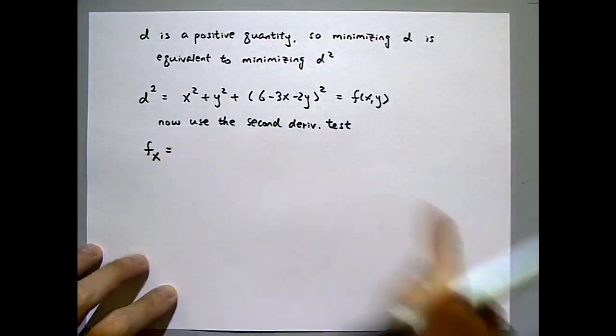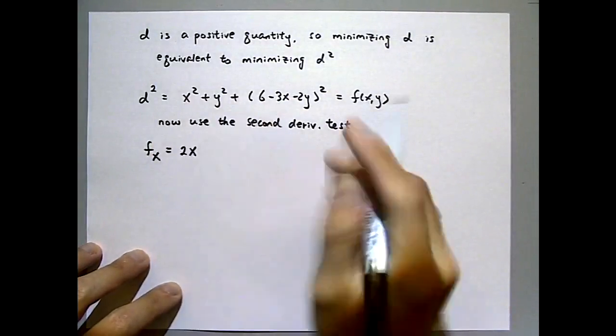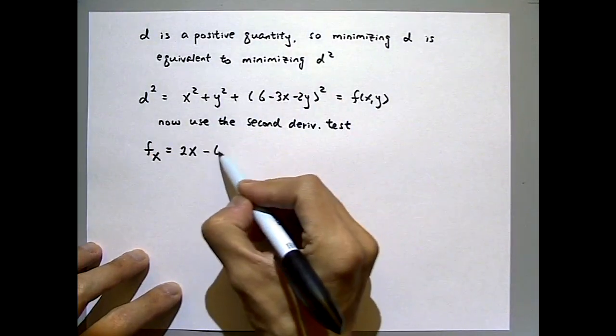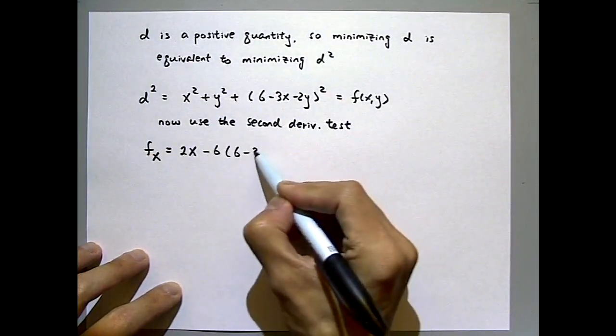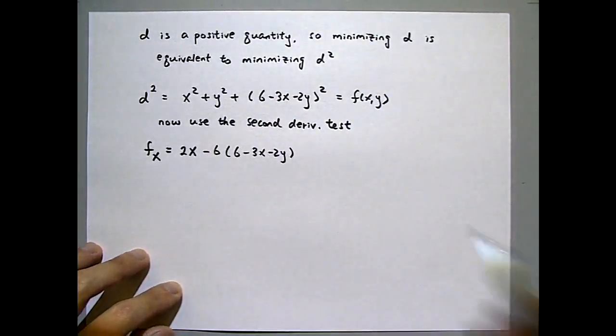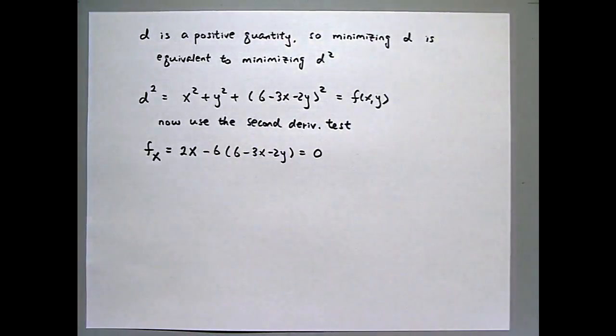Let's see. fx, we get 2x out here. We're going to get negative 6 times 6 minus 3x minus 2y. And all of these guys will be 0. Let's simplify this a little bit.